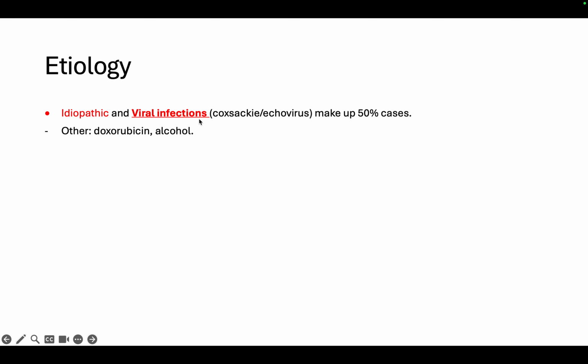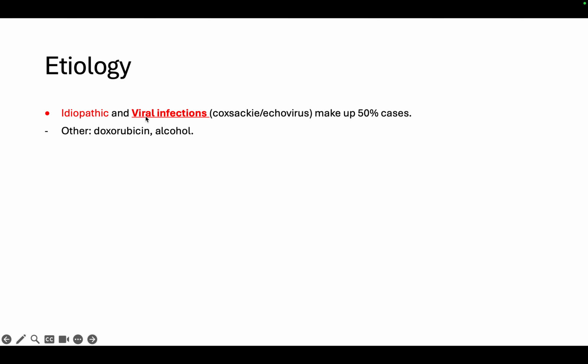So a lot of times you will see that dilated cardiomyopathy is actually caused by a viral infection, and it'll actually show up in a vignette like a 30-year-old woman comes in with a 5-day history of low-grade fever, cough, congestion, right? And then a few days later, here comes the shortness of breath and fatigue and whatnot. But I would remember this. This is pretty high yield. The patient is going to have a history of a viral infection.